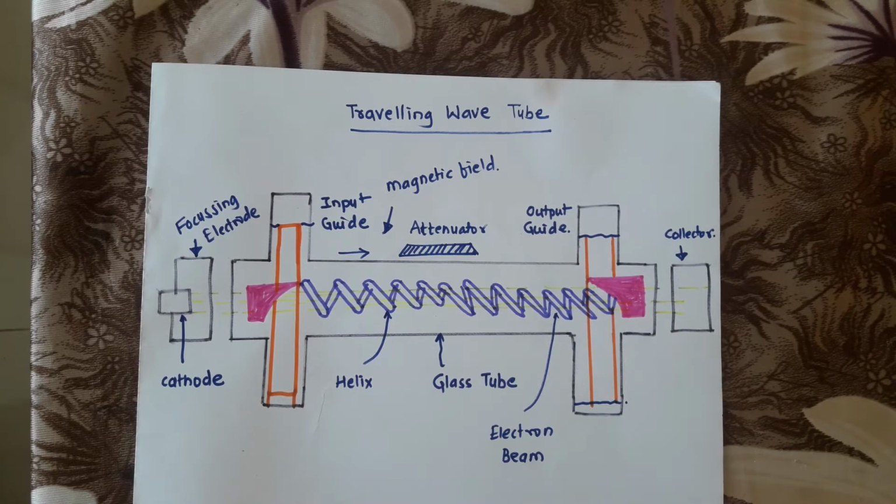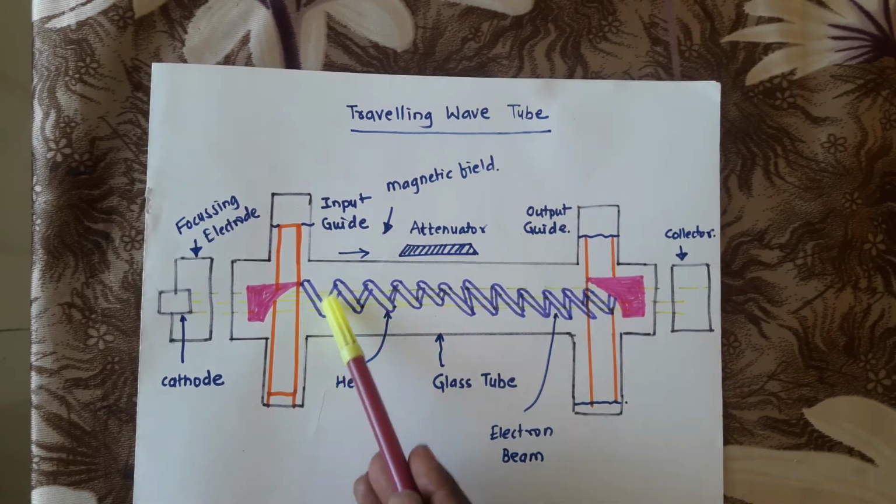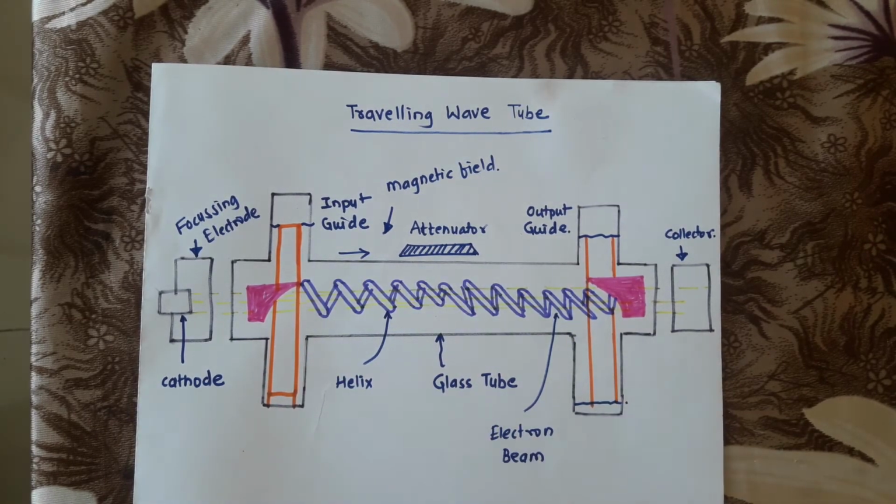That's why the velocity we choose is always 3 into 10 raised to 8 meters per second, which is approximately equal to the velocity of light. The electron beam speed and the RF field propagating through this TWT should be synchronized.